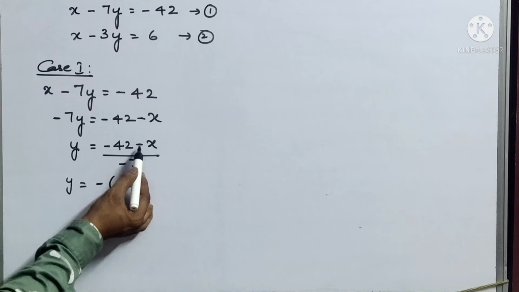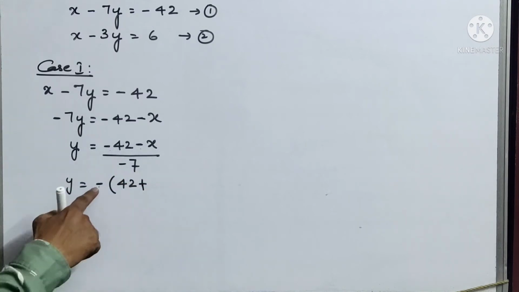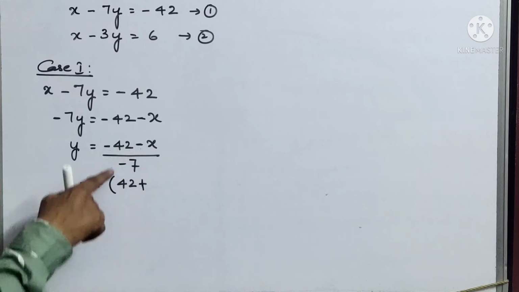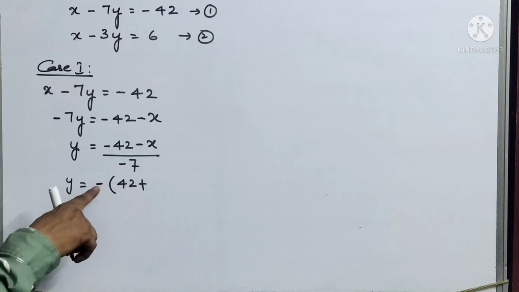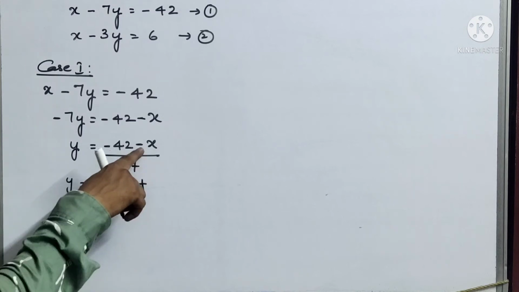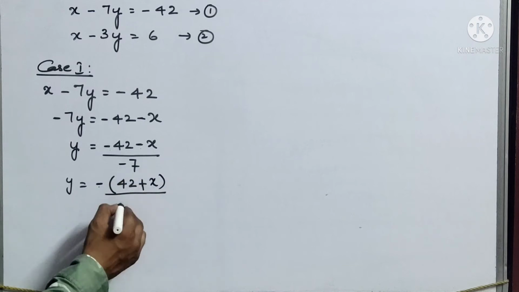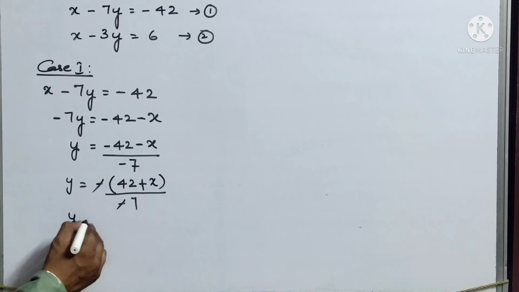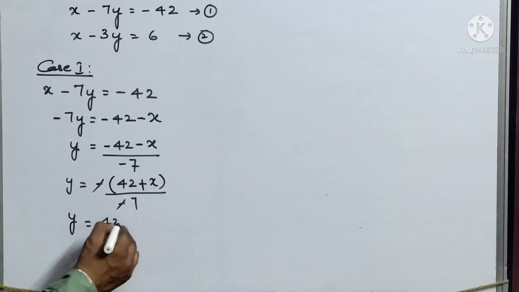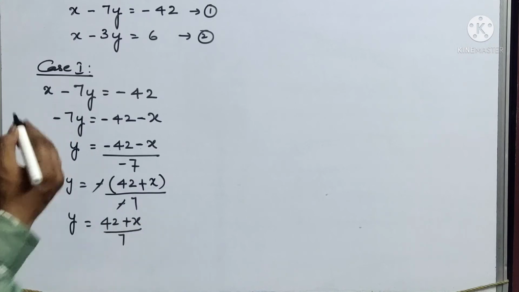Here you should get plus, because minus into minus is plus. So when you are taking minus common, here you should get plus. Why? Because minus into plus is minus. So here x by minus 7. Now this minus and this minus get cancelled. So you are having now 42 plus x by 7.